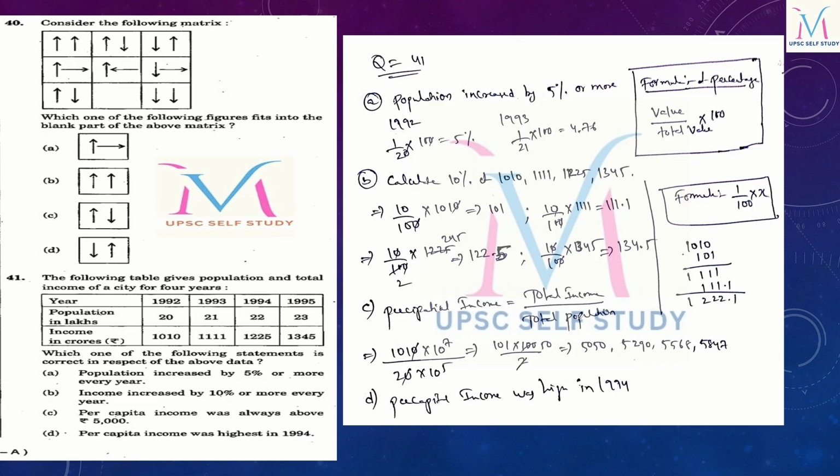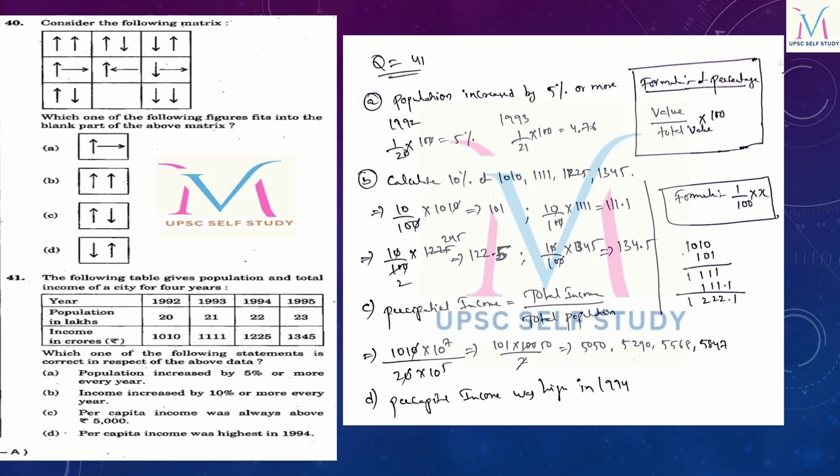So we use the formula 10 by 100 into 1010. Now we are calculating the amount for 1010. 10 by 100 into 1010, if we calculate, we get 101. This 101 rupees is the 10% of the amount in 1010.